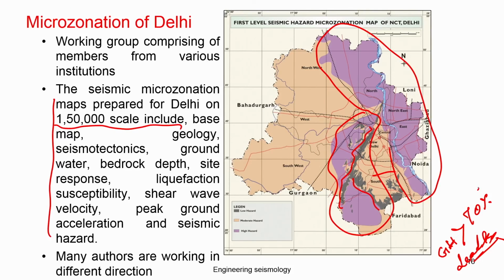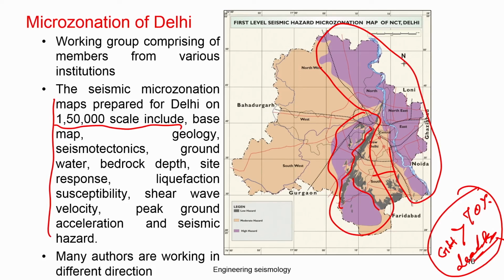A map which considers this will be more reliable. As of now, Delhi is one of the classical works which accounts for all of them, with appropriate ground motion prediction equations as well as regional effects taken into account.